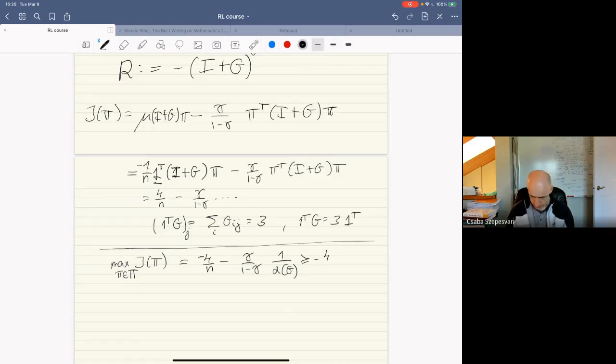Is it larger than minus 4 over N times gamma over 1 minus gamma times 1 over M? So this is equivalent to asking whether alpha G is bigger than or equal to M, right? So this is the NP-hard problem.